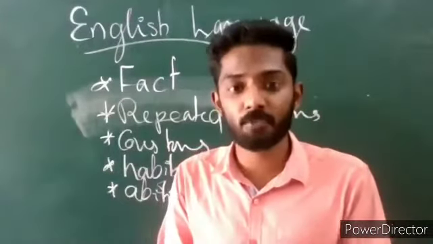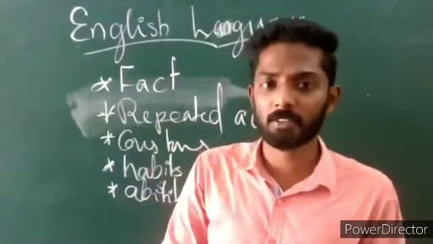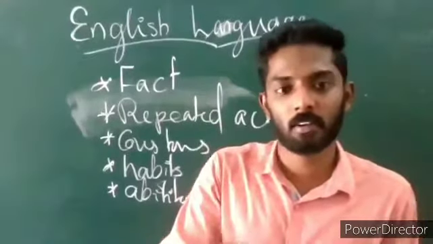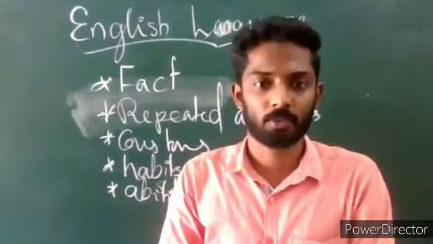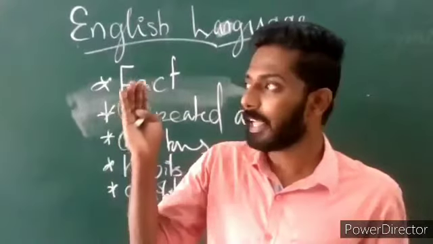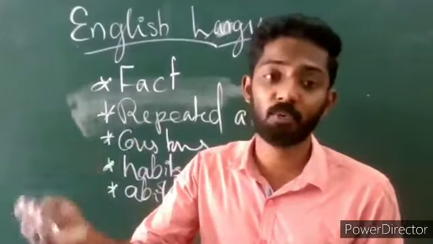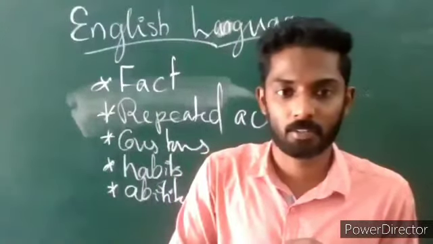There are three types of conditional sentences. The structure of a conditional sentence is that there will be two parts to the sentence: one is the conditional clause and the other is the main clause. In the conditional clause, or the first type of conditional sentence, we use simple present tense.